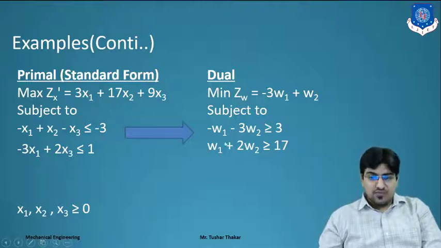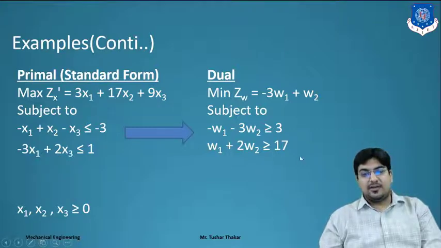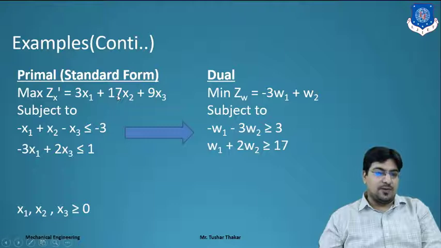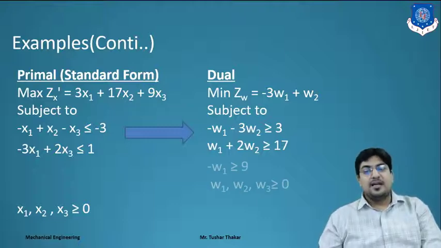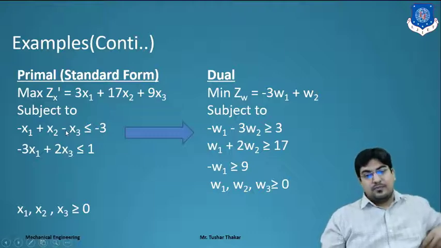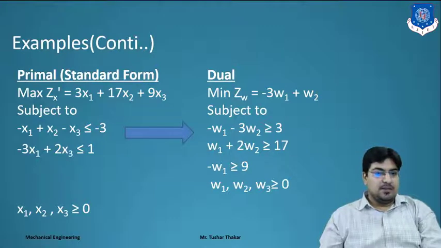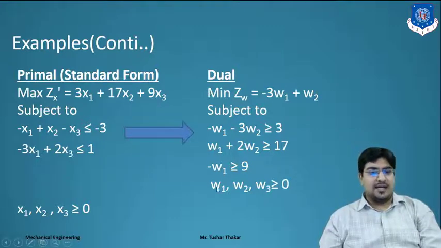The next equation is w1 + 2w2 ≥ 17, which is the coefficient of the primal objective function, right? The next equation is -w1, because only -x3 is there, so -w1 ≥ 9. Here w1, w2 and w3 are greater than or equal to 0.